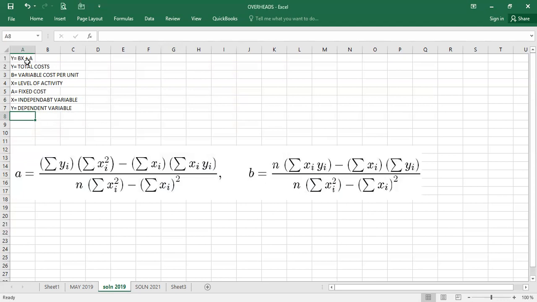But from our equation, these are the methods we use to determine this A, which will give us the fixed costs, and this B that will give us the variable cost per unit.